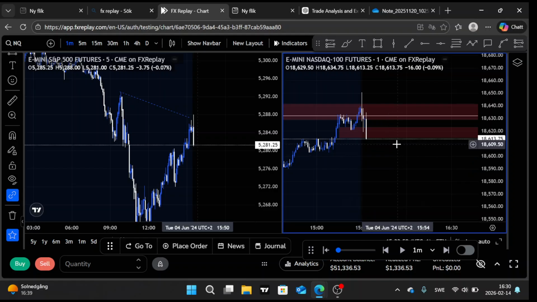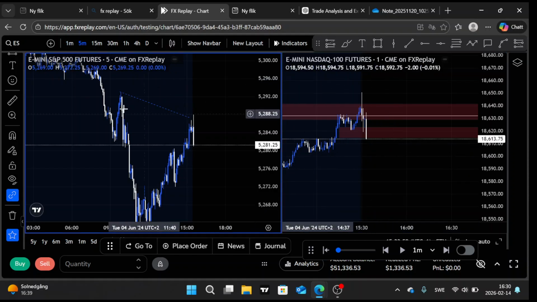Yes, so what do we have here? Bearish SMT on the higher time frame.